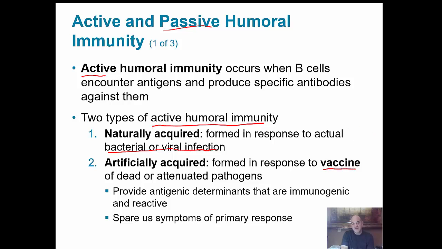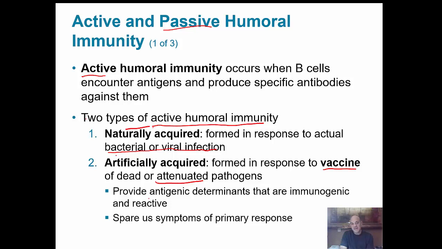So when you get your vaccines, you're going to be exposing yourself to an attenuated pathogen. And attenuated just means it's been weakened in some way, so the pathogen would not be placed in such a way that it would get you sick.